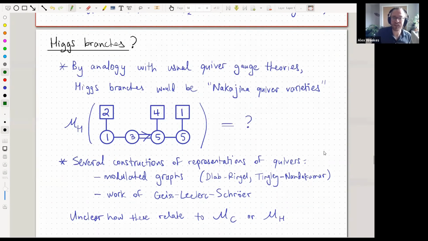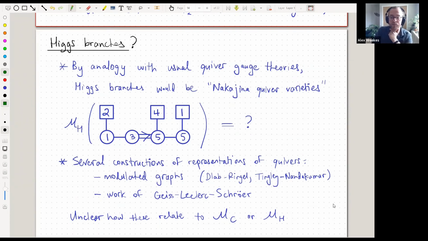I don't know what that means, but I think I should mention that people studying representations of quivers mathematically have come up with several ways of dealing with non-symmetric types, for example, type F4. Two of the main contenders, I would say, are the theory of modulated graphs, which goes back to Dlab and Ringel.